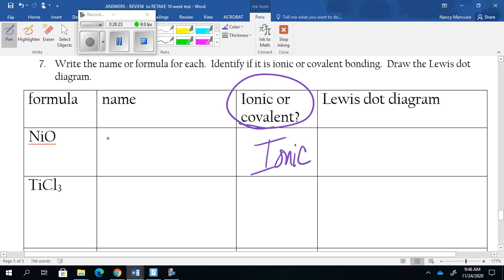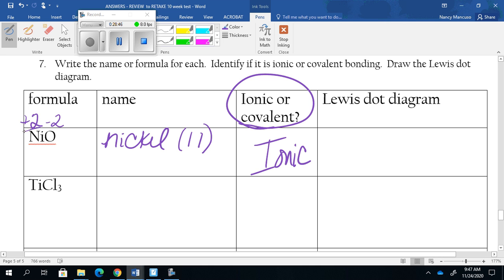So the name, well, first of all, I've got to remember that O is a -2, which means my Ni is a +2. So the name is nickel. And then if you look up nickel, nickel has possibilities of charge, which means that I need to show that the charge was a 2 in my name. Nickel 2.